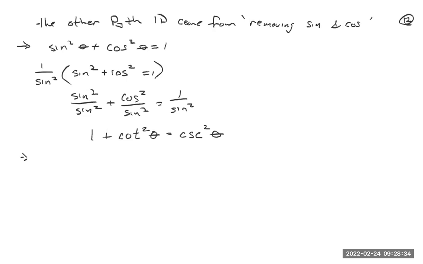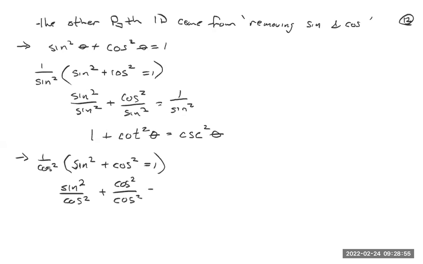The other one, same thing happens, except we're removing cosine squared. So we have sine squared over cosine squared, cosine squared over cosine squared, and 1 over cosine squared.